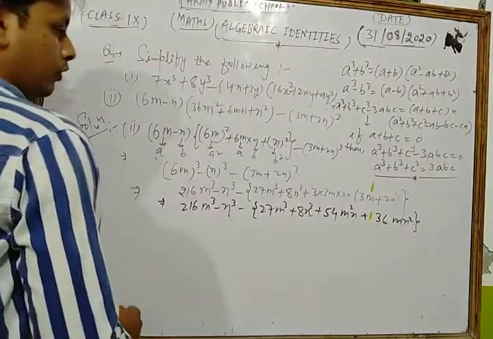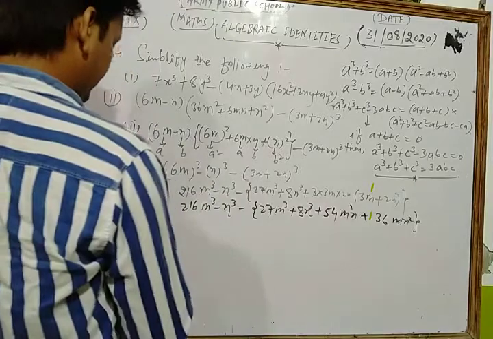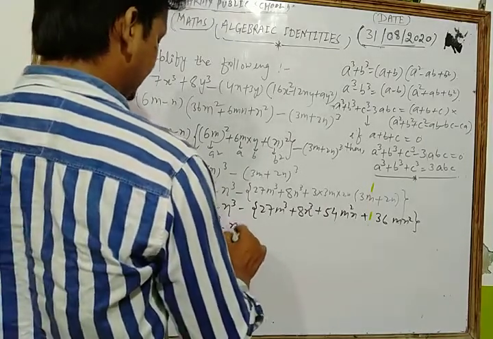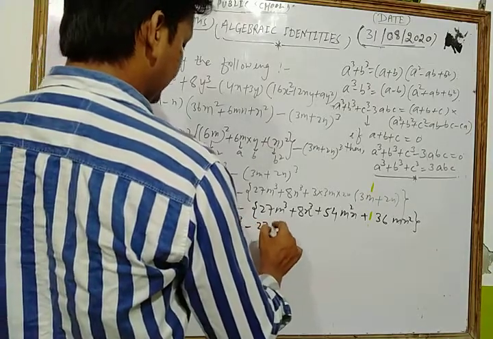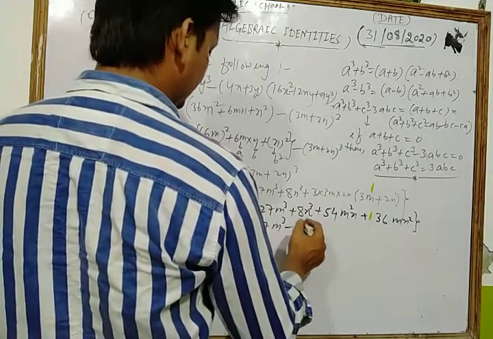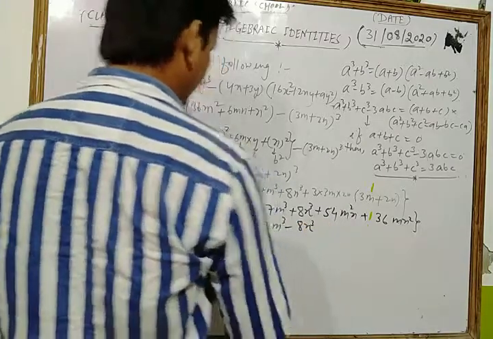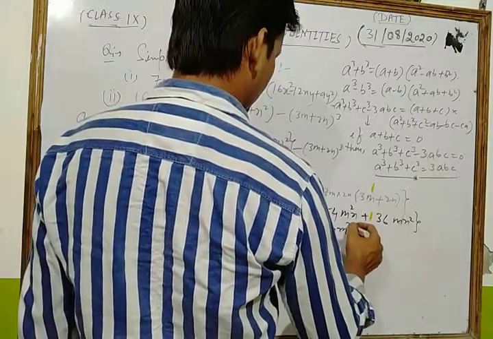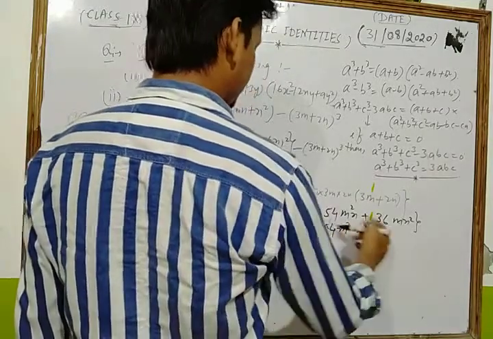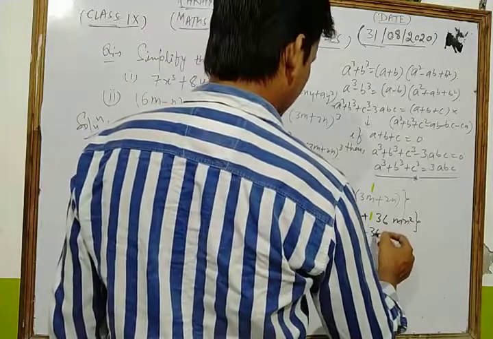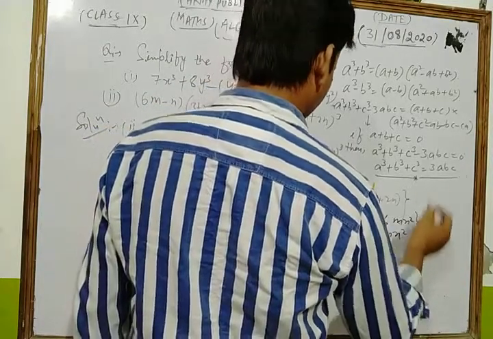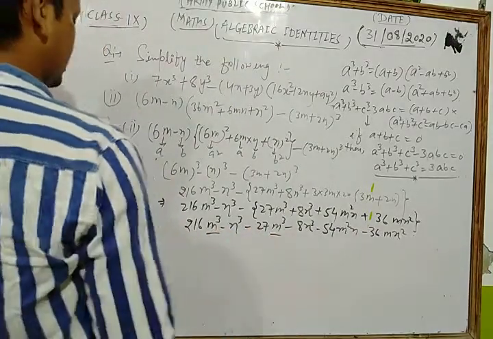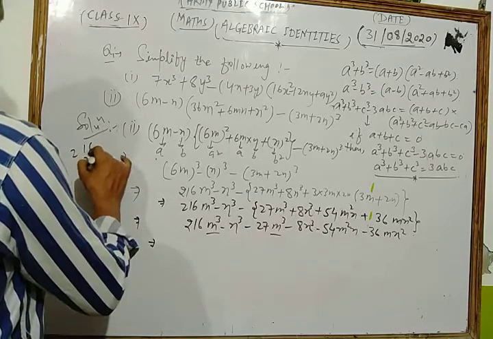Now look, we split the brackets, we get 216m cube minus n cube minus 27m cube minus 8n cube minus 54m square n minus 36mn square. Now look, dear student, this is m cube and m cube here, so 216 minus 27 is what?